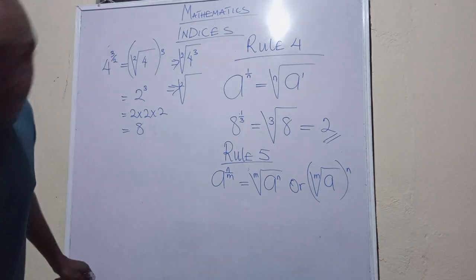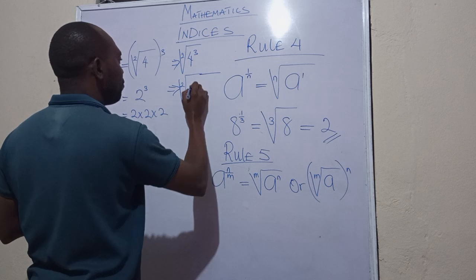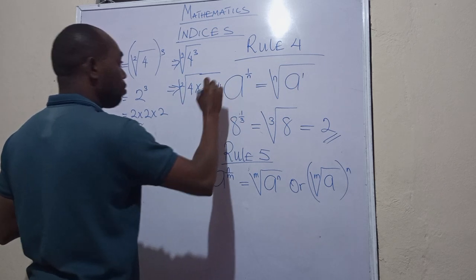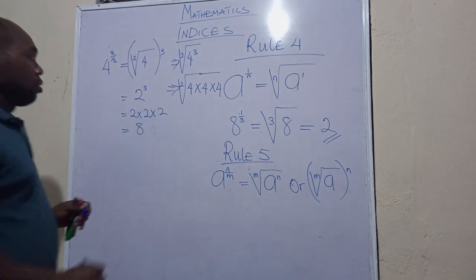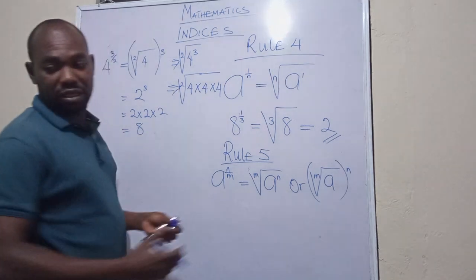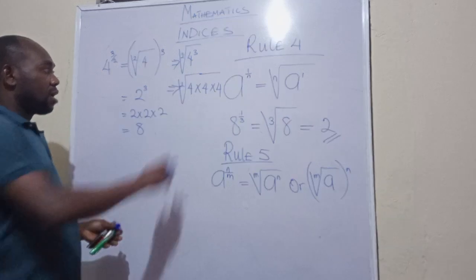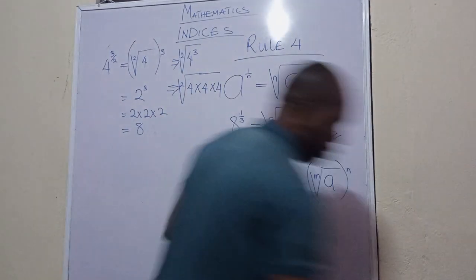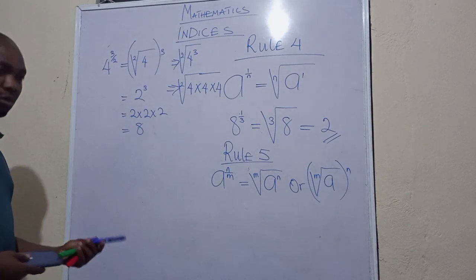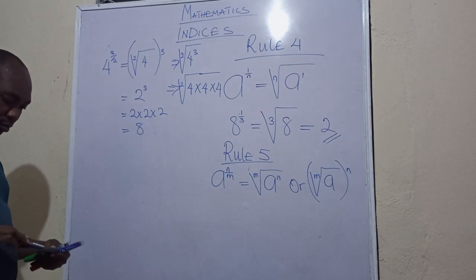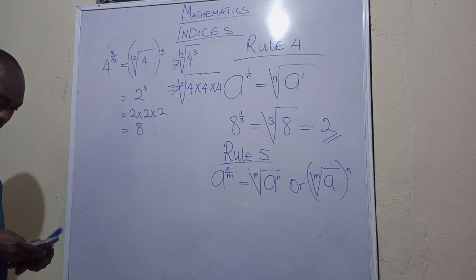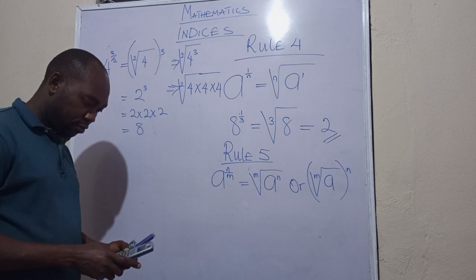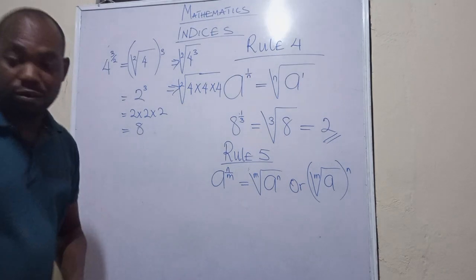Now we will have the square root of 4 times 4 times 4. 4 times 4 is 16, and 16 times 4 is 64.